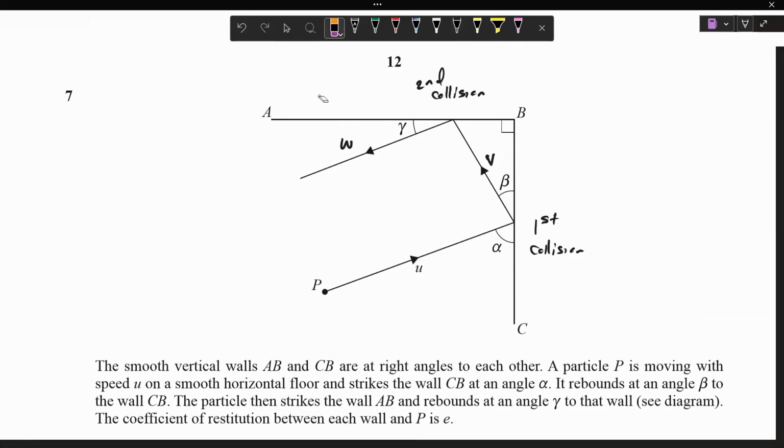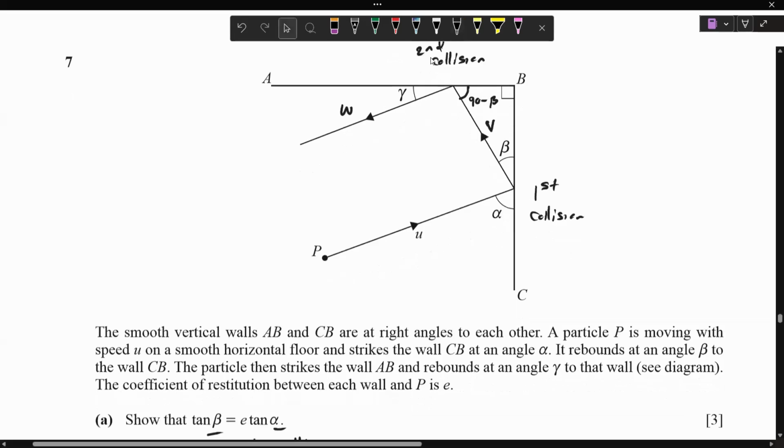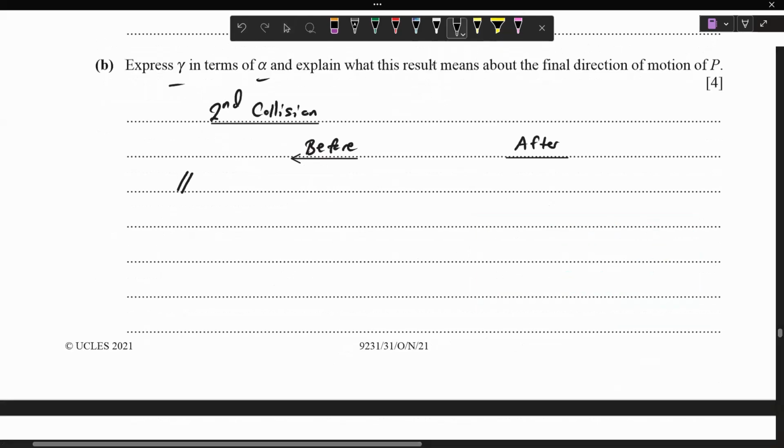Okay. So the component parallel to AB for V, remember this one is actually 90 minus beta. So it's V cos 90 minus beta. But cos 90 minus beta is the same as sine beta. So it's V sine beta.